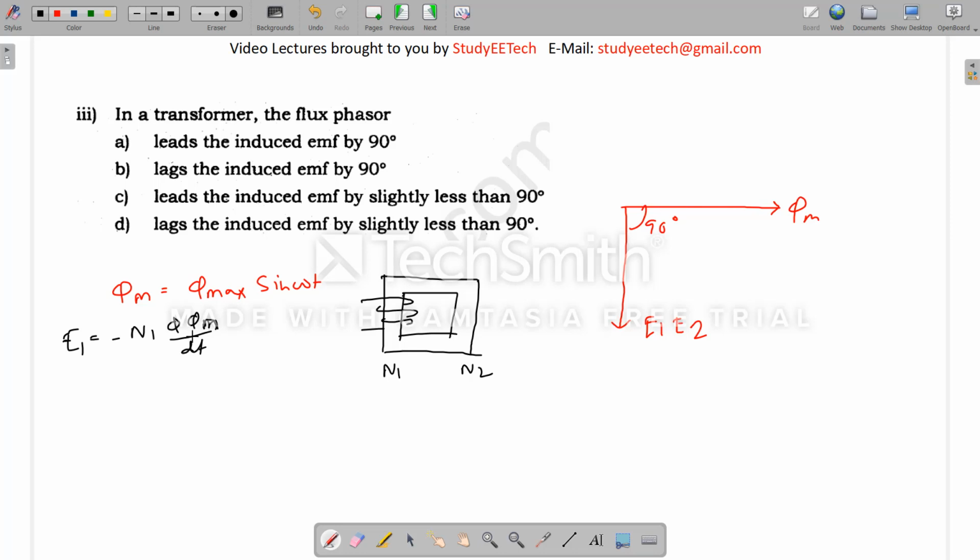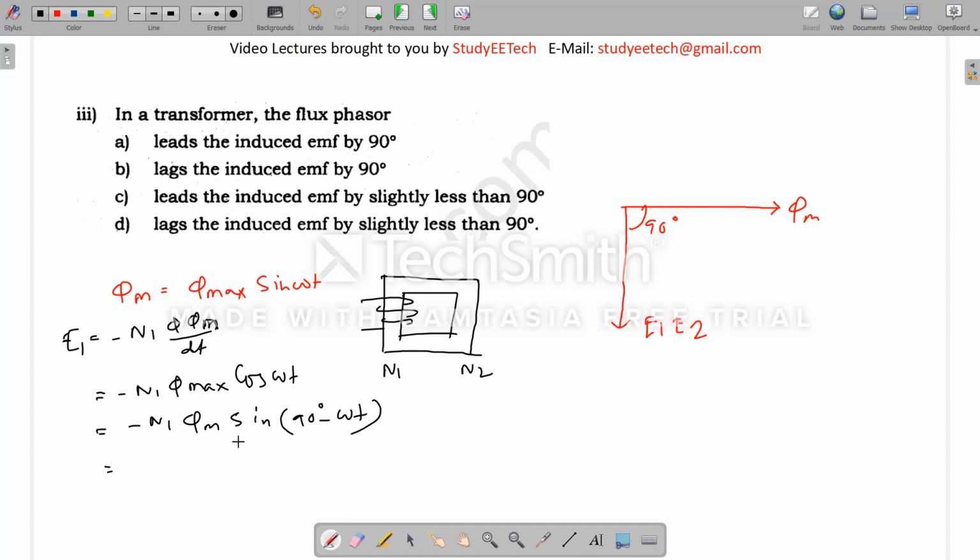By taking the derivative of it, it will be minus N1 phi max cos omega t. We can write cos omega t as sine of 90 minus omega t.